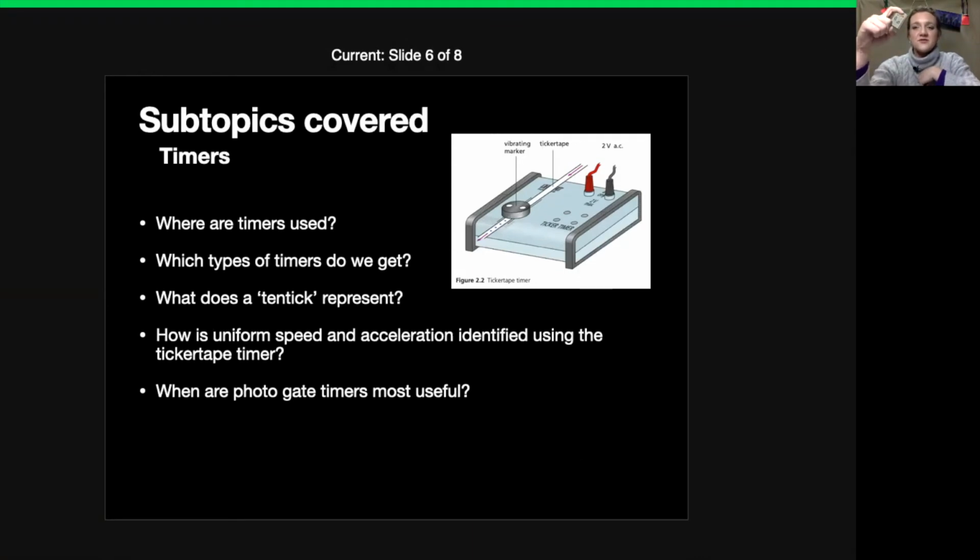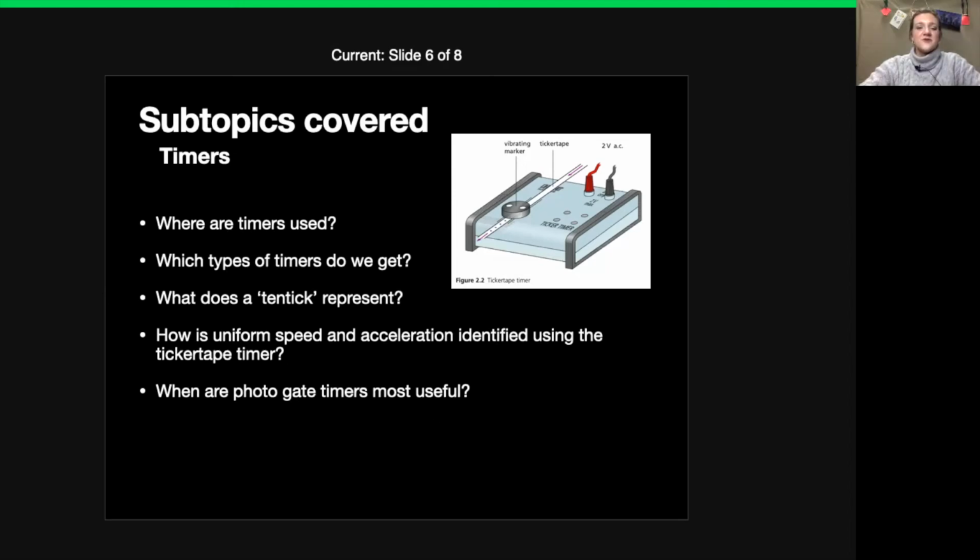So if you have your ticker moving 1 second and making a mark on the tape, then as the object moves away, it will make dots on a piece of tape or ribbon that you can then measure once you are finished with your movement of your object and you stop your experiment or your measurement.